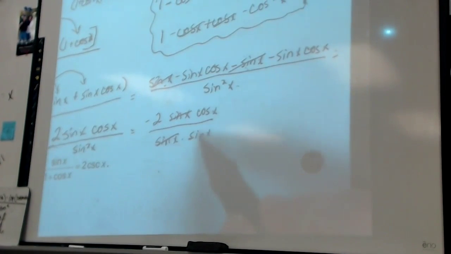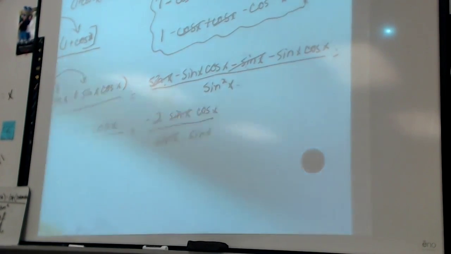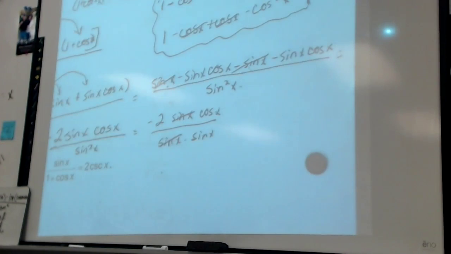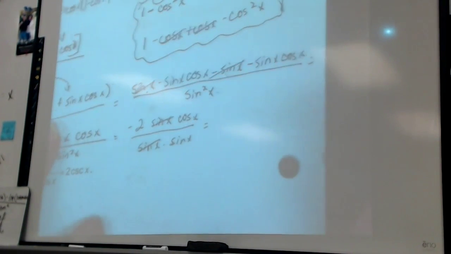Now, what's cosine x over sine x? That's a quotient identity. Is it tangent or cotangent? Go look at your paper. You got them right here at the top. Cosine over sine. Oh, that's cotangent. So I have negative 2 times cotangent x.